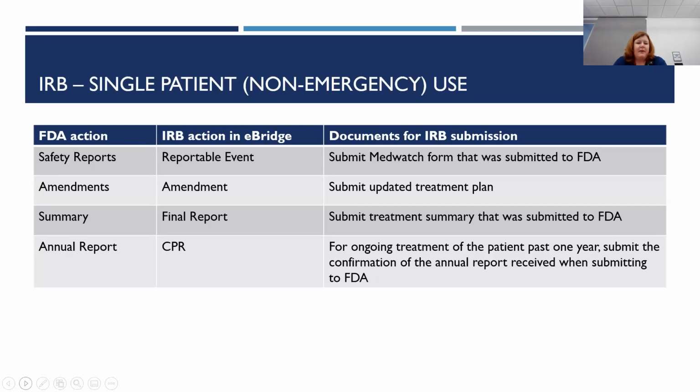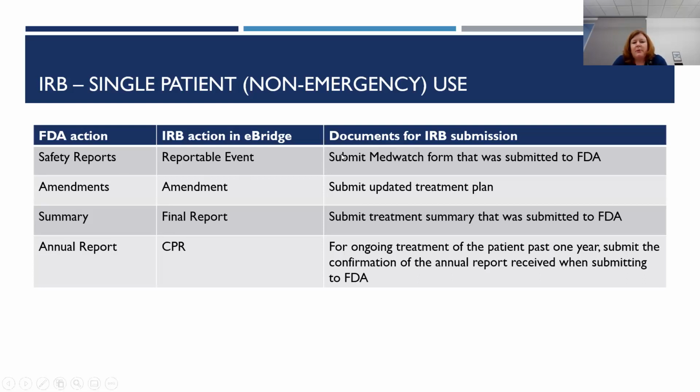And then for what the IRB would expect to see with all of these different actions that I went through. This is the comparison of the FDA action in the first column on the left, and then how the IRB would expect to see that reported in eBridge. I've also included what documents for IRB review would be needed.